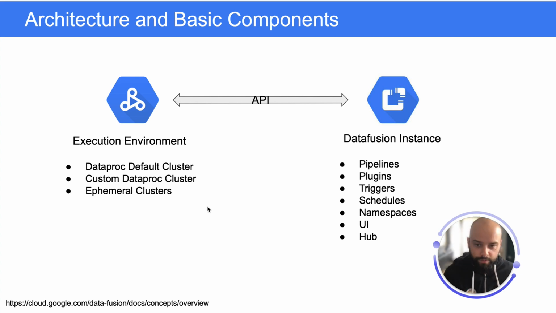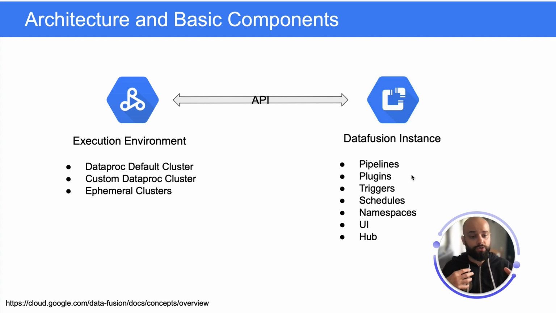Okay, the second component we're gonna talk about is the Datafusion instance that communicates with Dataproc through the API. The Datafusion instance is something we're gonna create on the UI of Google Cloud. We're gonna do it later together. And in the Datafusion instance is where all the UI things happen, right? So it's where we create pipelines, it's where we check plugins.